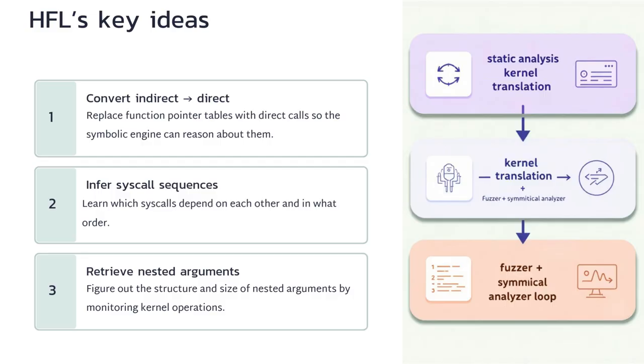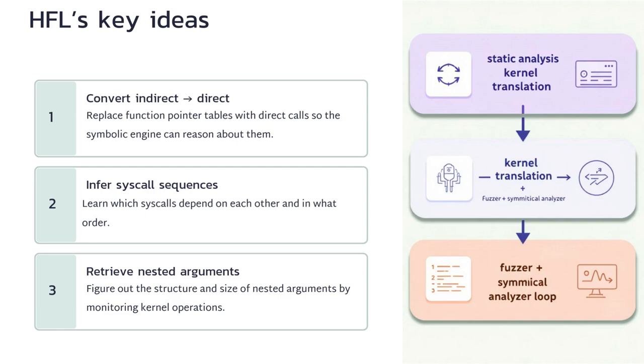It converts all of the indirect function pointer calls to direct conditional branches. So instead of jumping indirectly through the function table, it expands into explicit if statements. This really helps the symbolic reasoning process, and it makes it much easier.